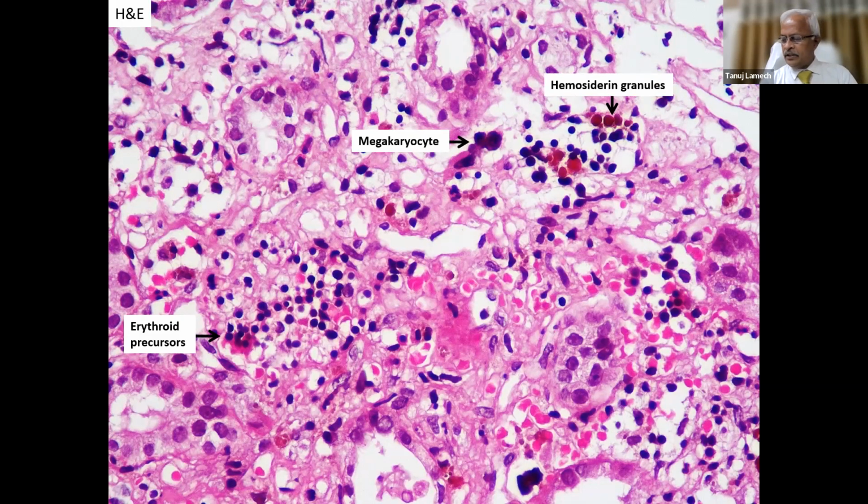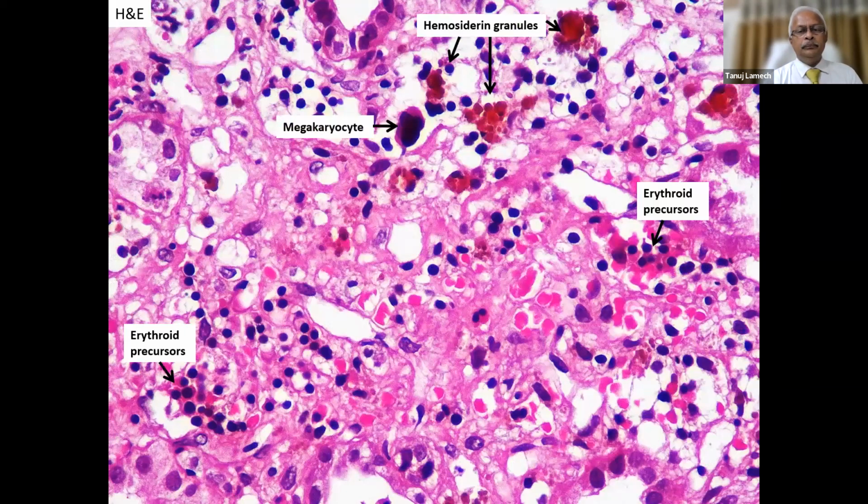There are certain confirmations. How do you confirm the erythroid precursors? By staining with glycophorin. And for granulocytes, MPO stain, myeloperoxidase stain. And for megakaryocytes, we have to demonstrate staining with CD61. So look at this megakaryocyte.